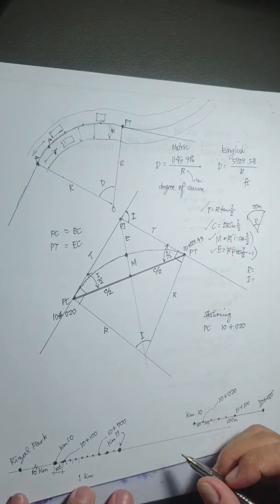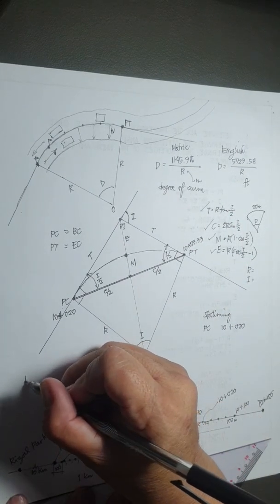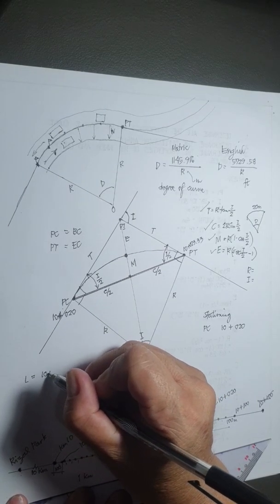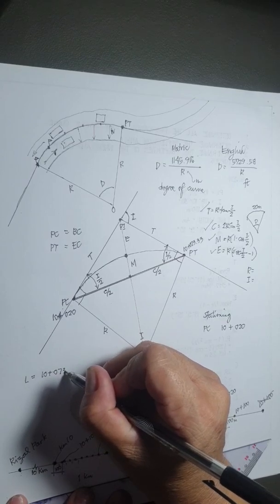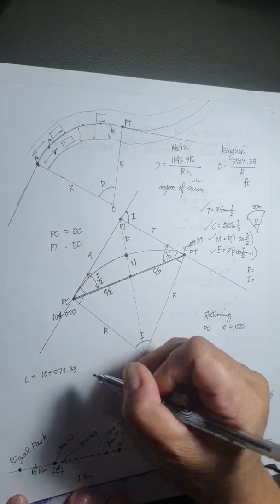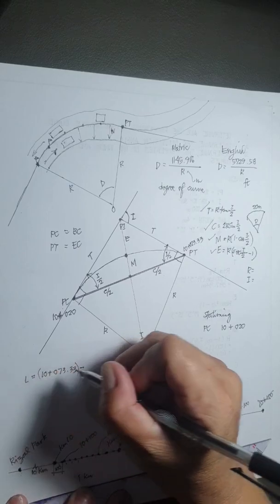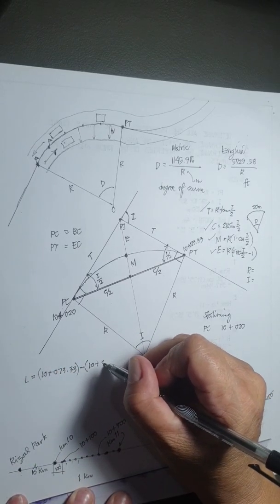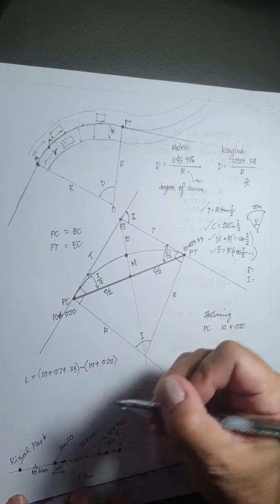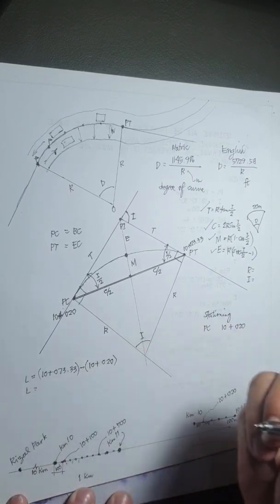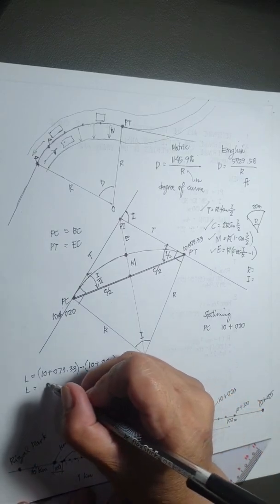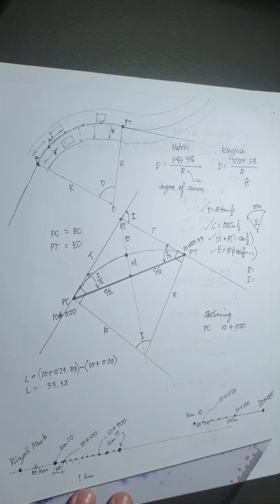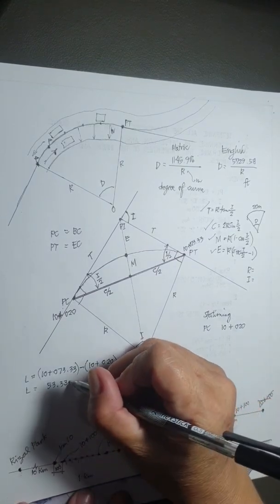So, it means that your L is equal to station 10 plus 073.33 minus station 10 plus 020, or the length is therefore equal to 53.33 meters.